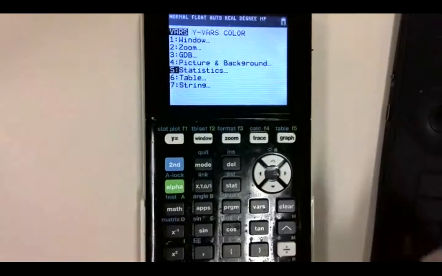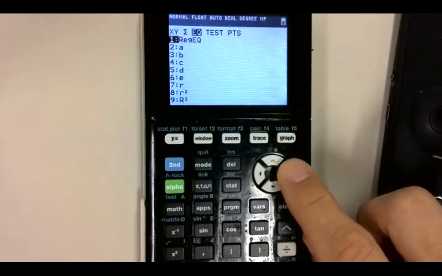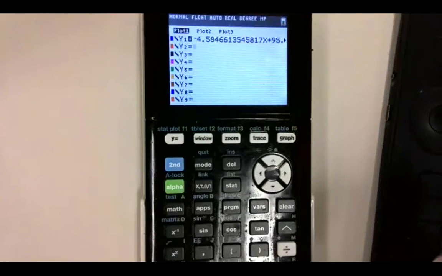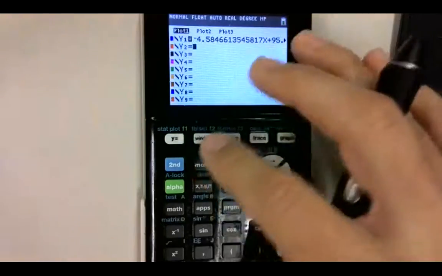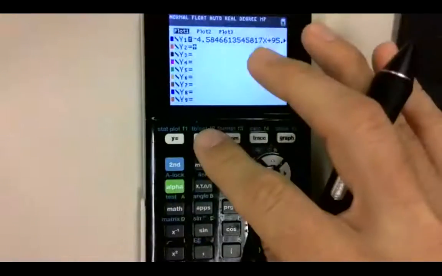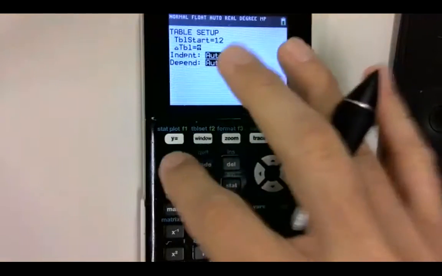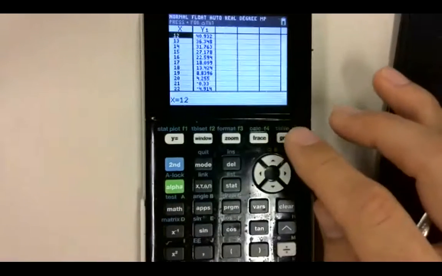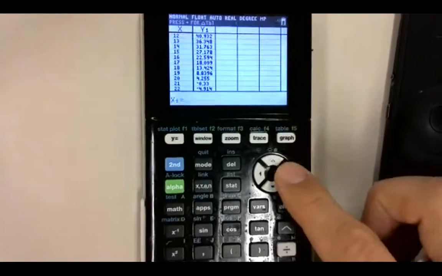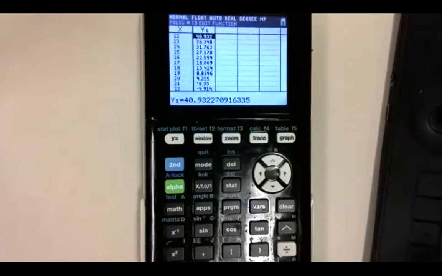Our statistics and equation. What's my phone's battery life after 12 hours? Second table set, and x is 12. And how do I get it? Second graph, that's your table. After 12 hours, it's going to be at 40.93%.